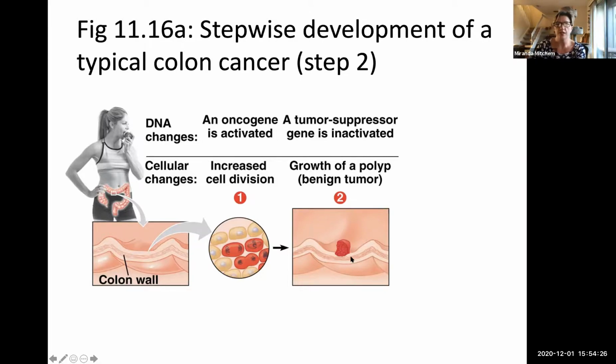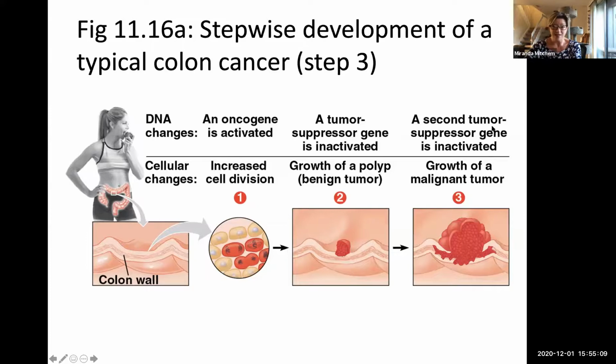That procedure is done by sticking a camera into a person's colon, and also attached to that camera are tools that can remove the polyp. So the way that we can mediate this disease is by doing colonoscopies and removing these polyps prior to them continuing the process of becoming a cancerous cell. So the colonoscopy is used for diagnosis, but it's also part of the treatment, in that many of these polyps are easily removed in that procedure.